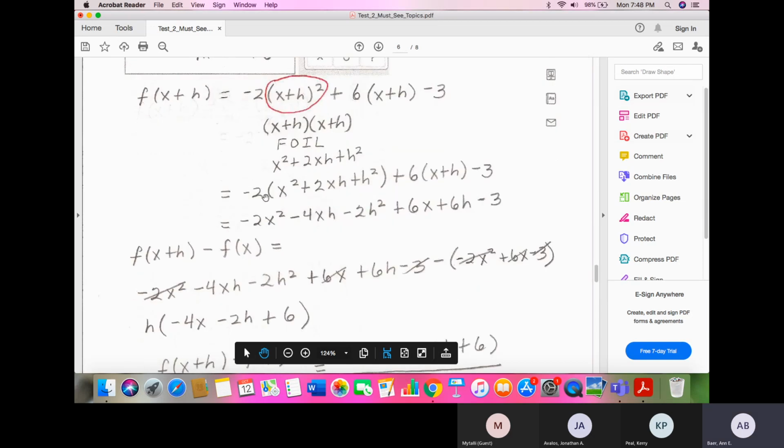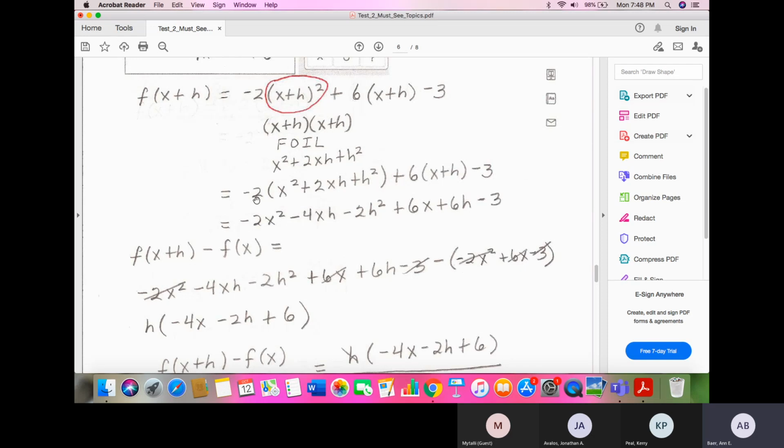Now this is multiplication over addition. And by the way, subtraction's adding a negative, so it's over addition or subtraction really. We want to distribute in this step. I only like to do one process per step.